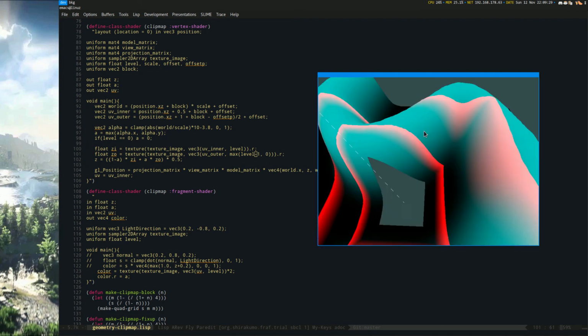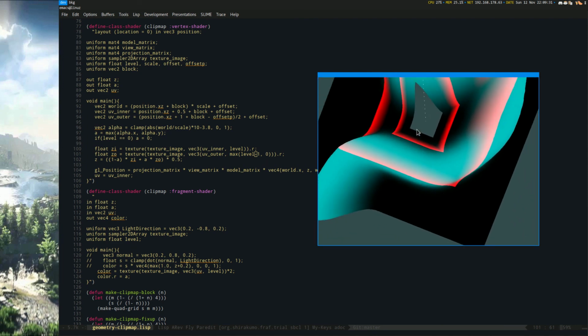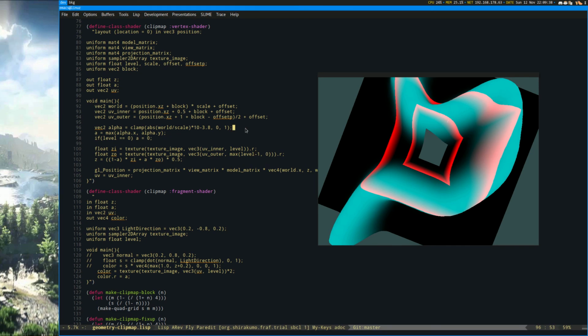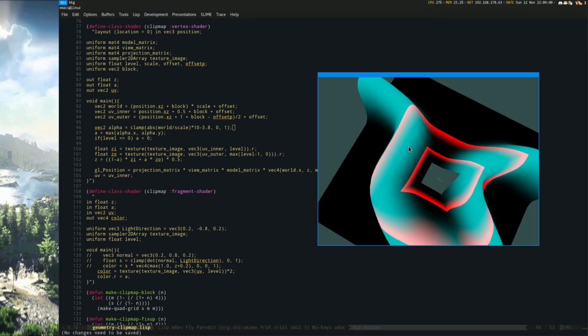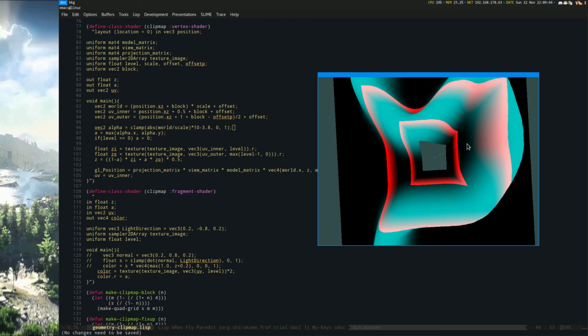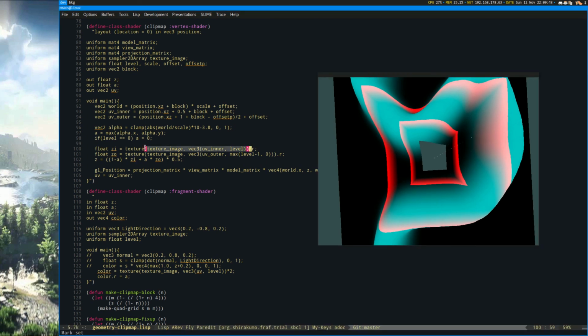For now, I think it depends on the wrapping settings. Oh yeah, that's another thing. Currently it's clamp. But what we can do for next time is, instead of a texture 2D lookup, which is interpolated, do a texel lookup, because at least for the inner region we should be aligned.